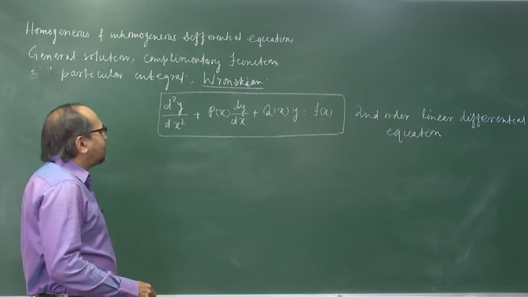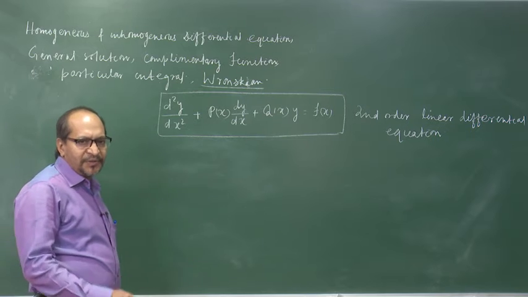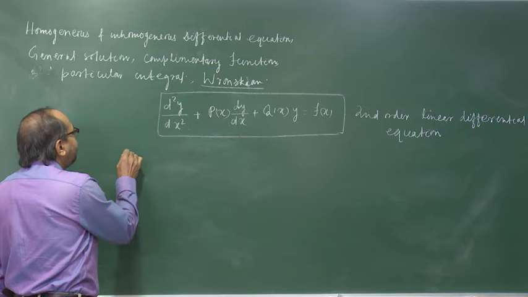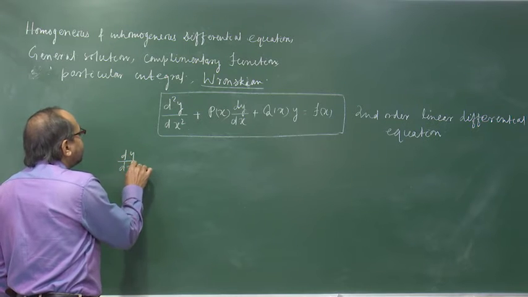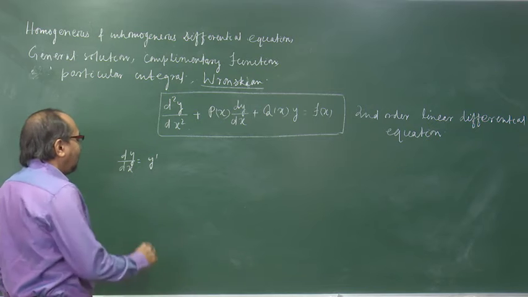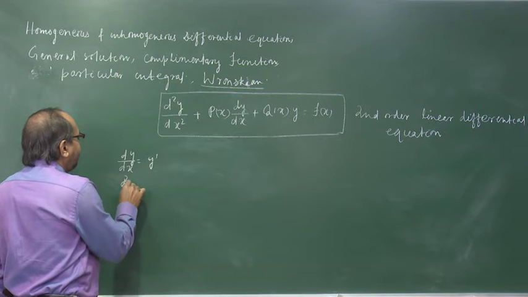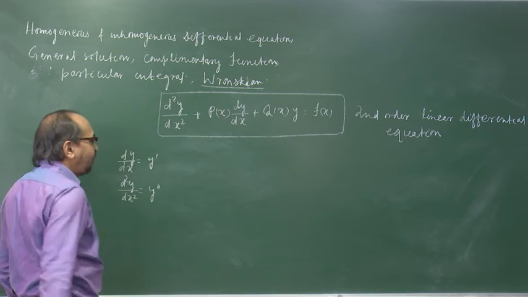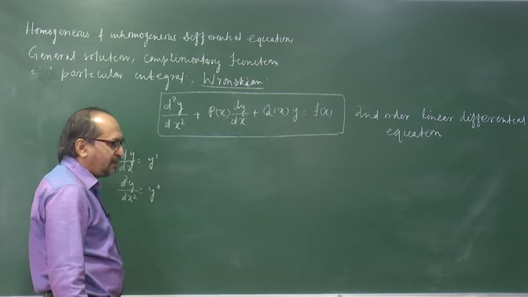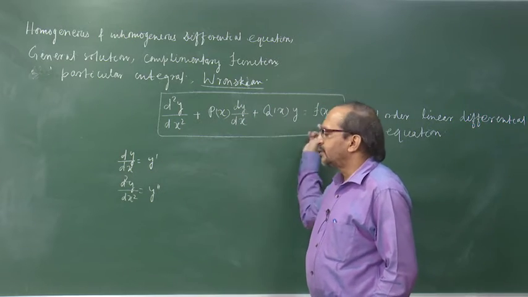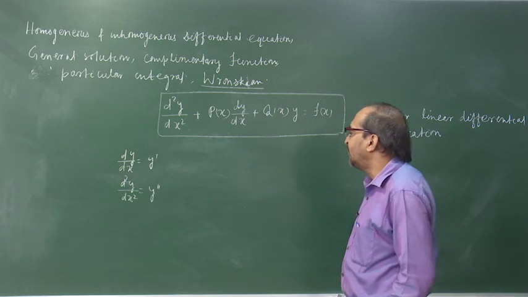For convenience, in most of the textbooks, the derivative dy by dx is also written as y dash, and d square y by dx square is generally written as y double dash, so that you can write it in a convenient way.